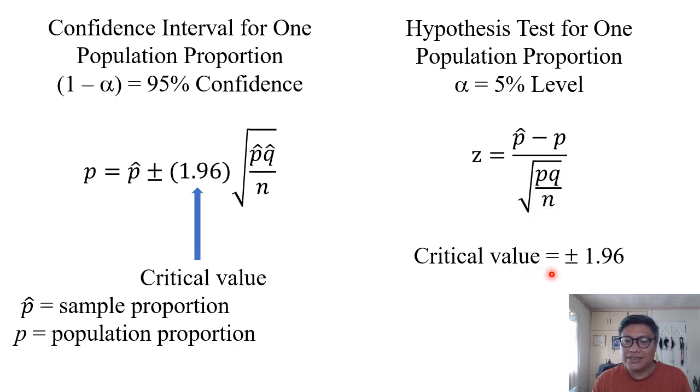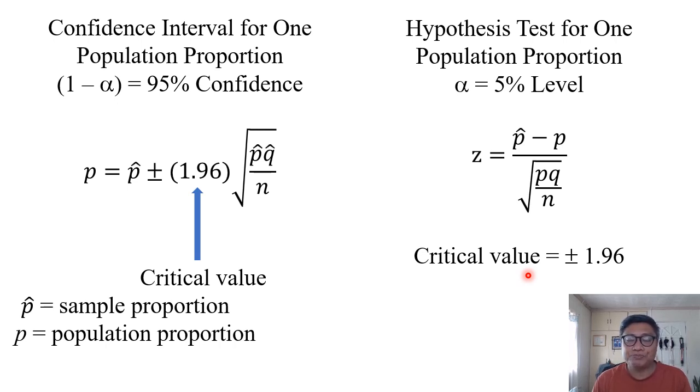And the critical value is 1.96 because we want it to be the 5% level, which is the complement also of the 95% confidence. This is our basis, class, whether or not the computed z value is significant to say that the null hypothesis is to be rejected or not.